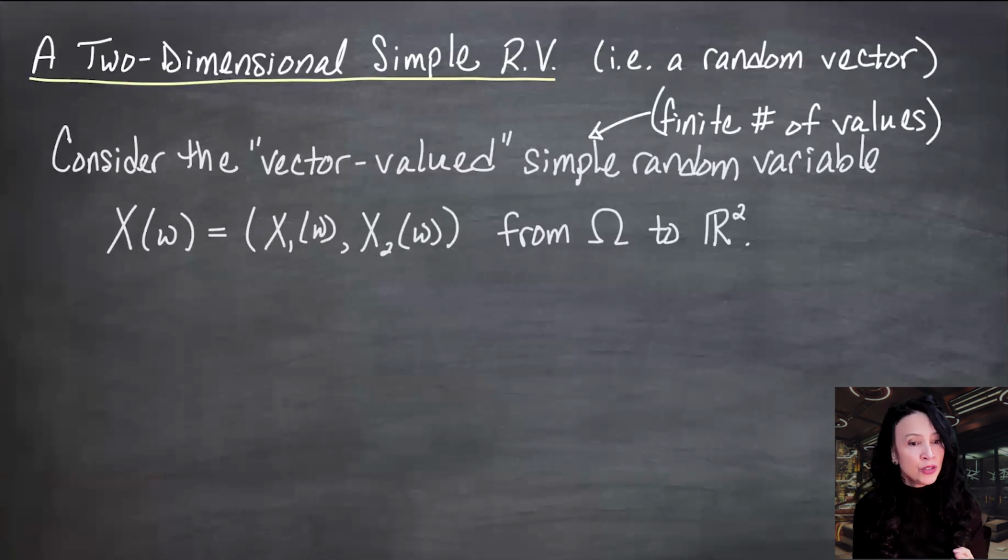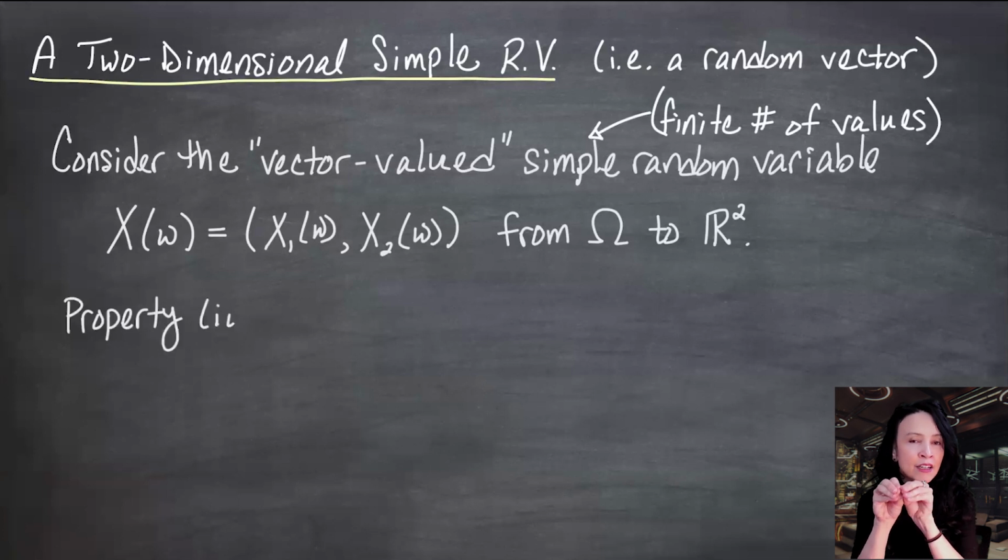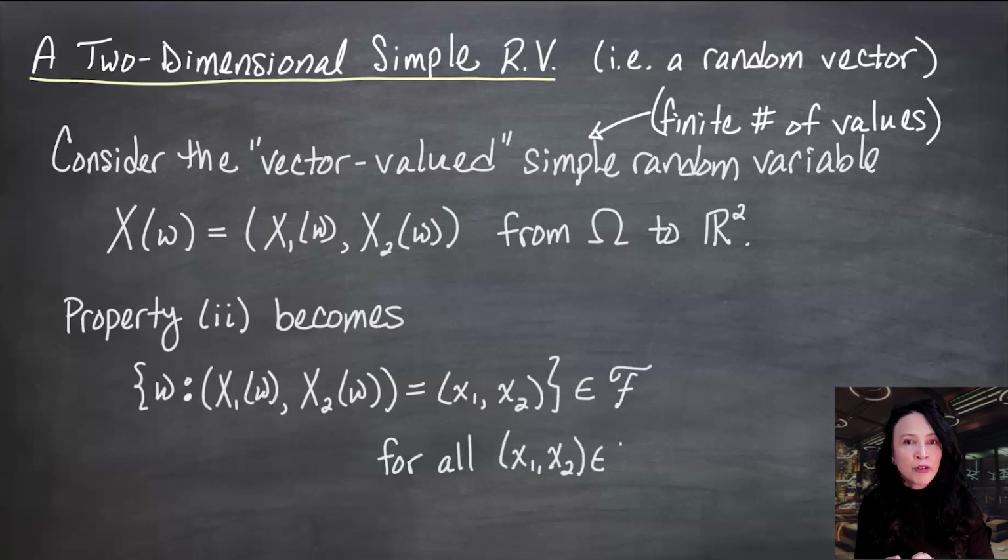And the part two of the definition of a simple random variable, where we pulled back any particular real number, in the actual definition, we didn't pull back the specific AIs. We pulled back any individual x in the reals, and now I'm going to pull back any individual point x1 and x2 from the reals. And if that pullback is in the sigma field curly F, then this is the measurability condition for this simple random variable. It's the definition.